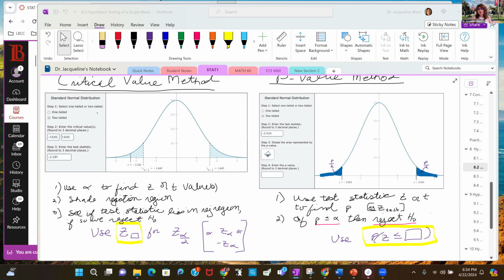For the p-value method, we're going to use this button in Alex because P is the area that's being shaded in the tails based on the test statistic. So for the critical value method, you're using that Z or T button, and for the p-value method, you're using this P of Z or P of T button.